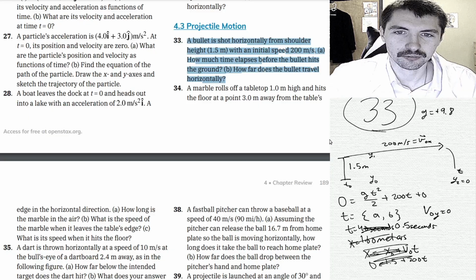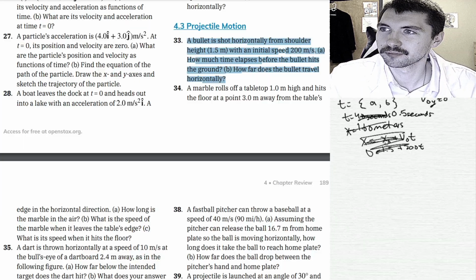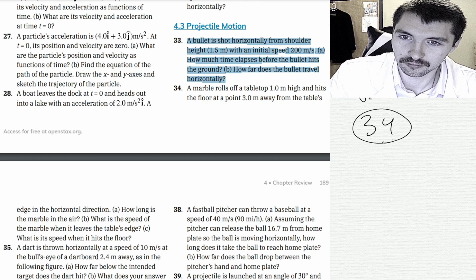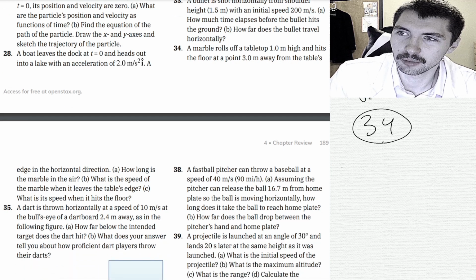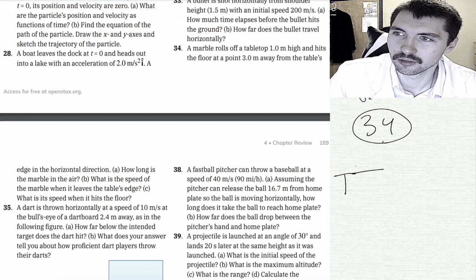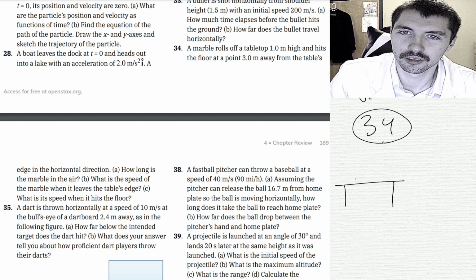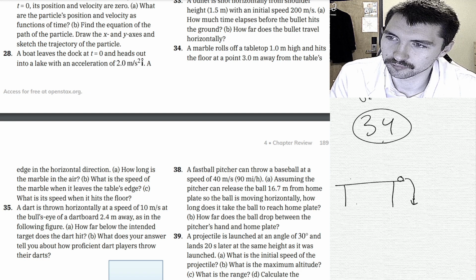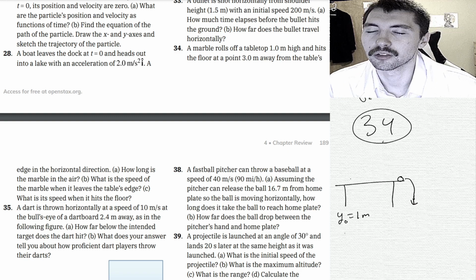Problem 34. Tabletop. Our initial position is 1 meter.